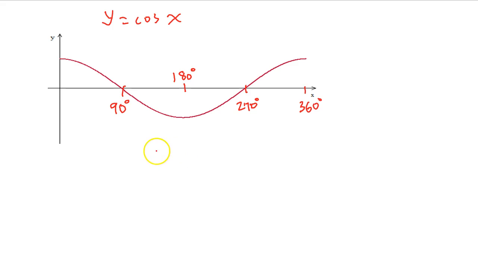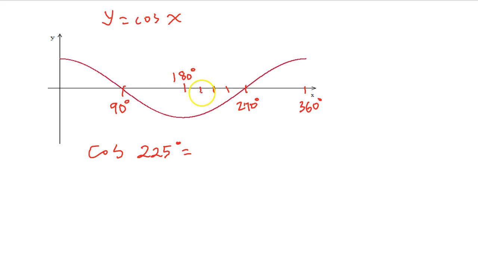Okay, let's try cosine of 225 degrees. Okay, 225 belongs between 180 and 270, and this ending number 5 gives away the fact that it's the one with 45 degrees, right in the middle, right?